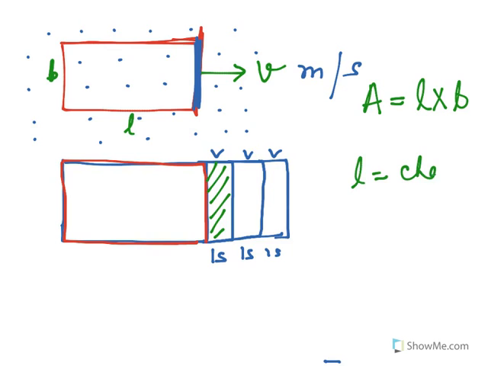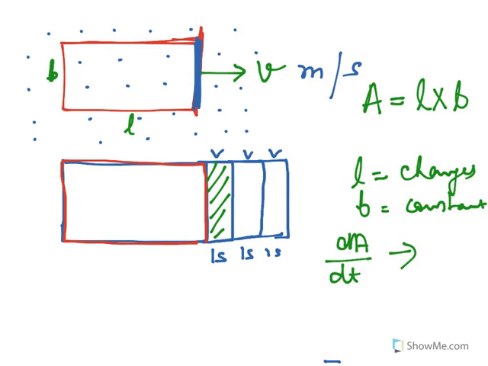L changes but B remains constant. So dA dt is due to change in length, that is dL dt is the cause for dA dt.